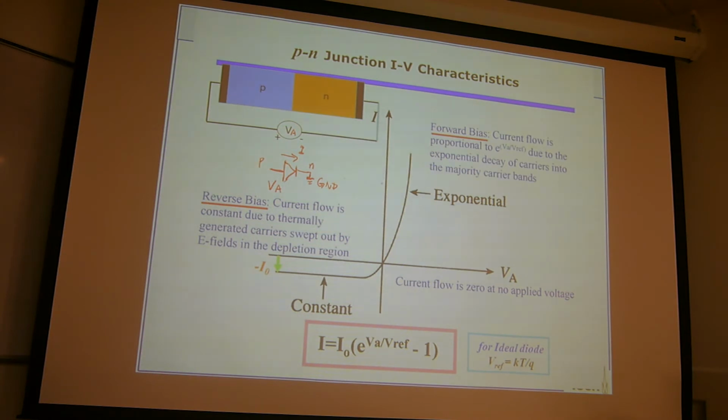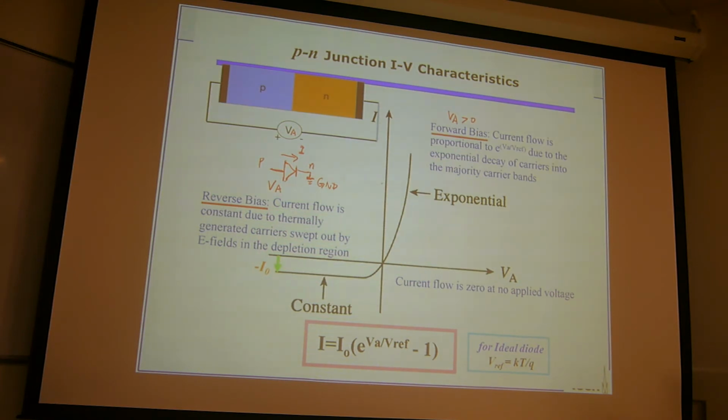Now, if the applied voltage to the p-type is positive, you will have a large current flow, and here the current actually increases exponentially with applied voltage. So this is an exponential function. This is for the forward bias, when VA is larger than 0.